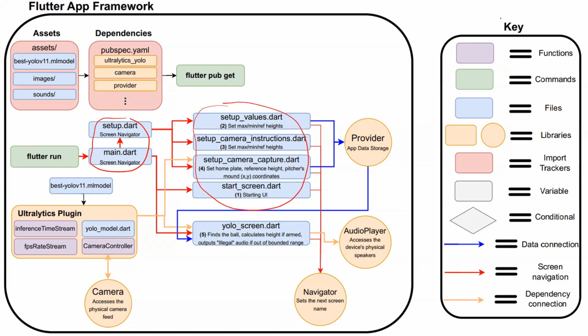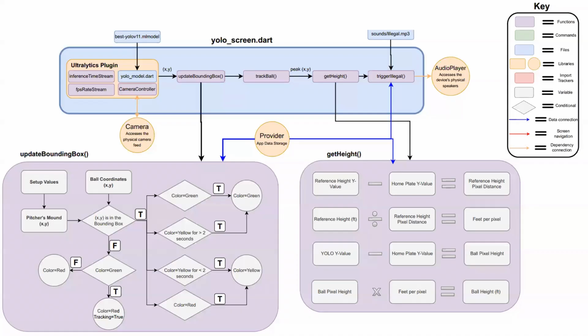Note there's a key on the side that indicates what the various symbols in the diagram stand for, and that YOLO screen.dart actually encompasses this whole box here, which can be seen expanded upon on the following slide. With that, I'll hand things off to the code walkthrough for these aspects of the application.